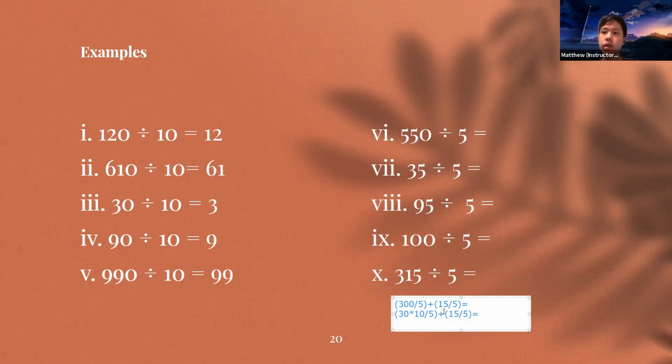An even easier way to simplify this would be 30 divided by 5 plus 10 divided by 5 plus 15 divided by 5. Let me check that. That is actually incorrect. I'm sorry, I just did my math wrong there.